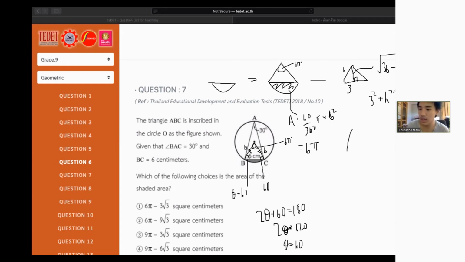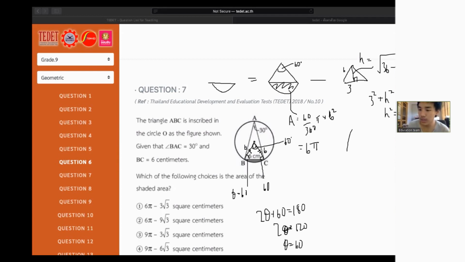So h squared equals 6 squared minus 3 squared. 6 squared is 36, 3 squared is 9. Move the 9 here, it's 36 minus 9. So h then becomes the root of 36 minus 9, which is root of 27. What is 27? 27 is 9 times 3, right?